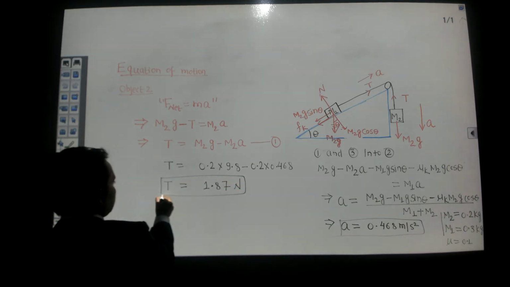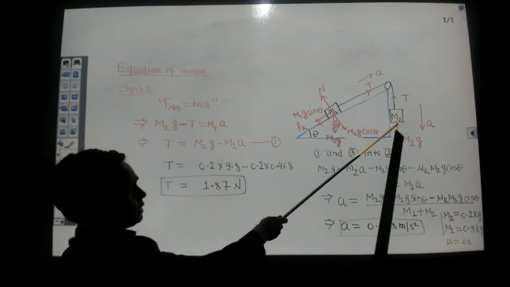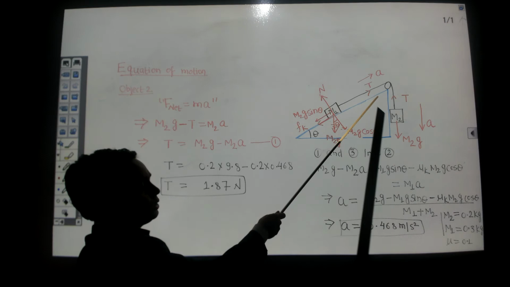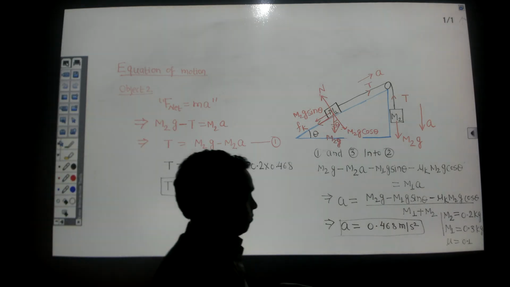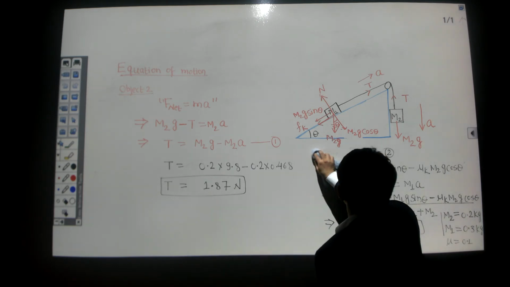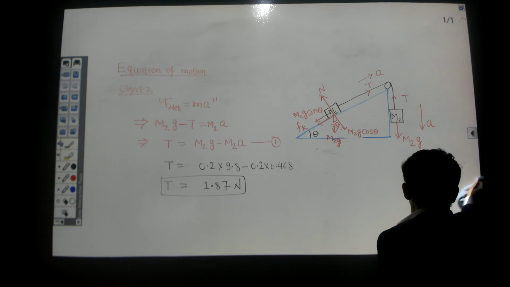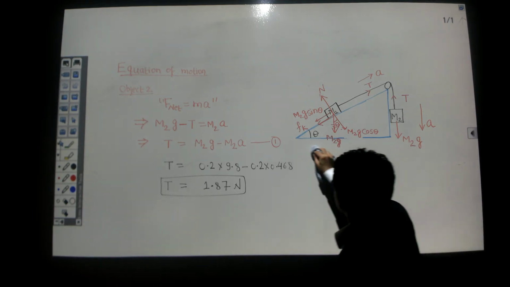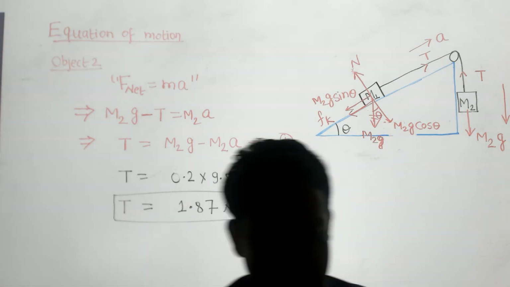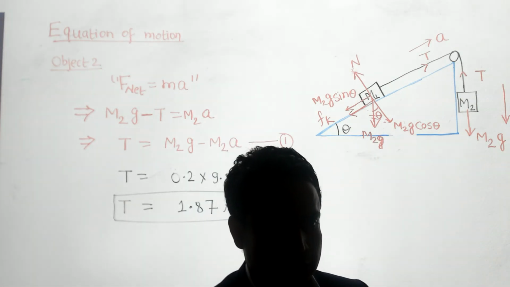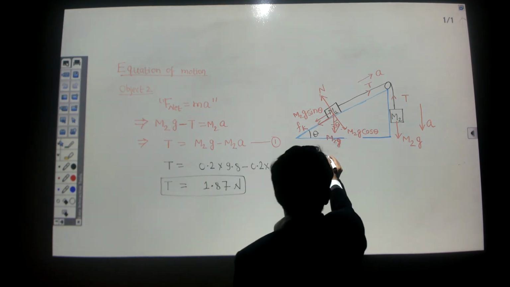The last thing we have to solve is you have to find out the velocity of this object after it has moved 0.3 meters. The velocity of both objects would be the same. And how do I calculate the velocity? So we have to use the equation of motion.